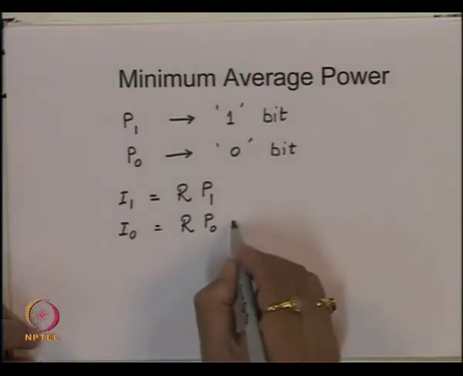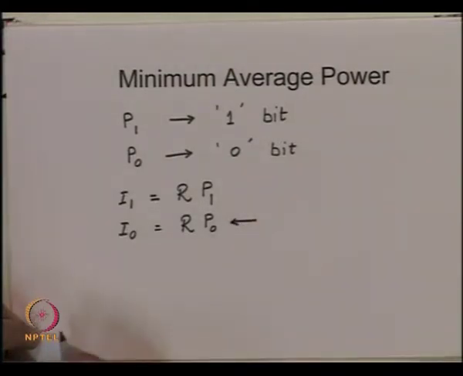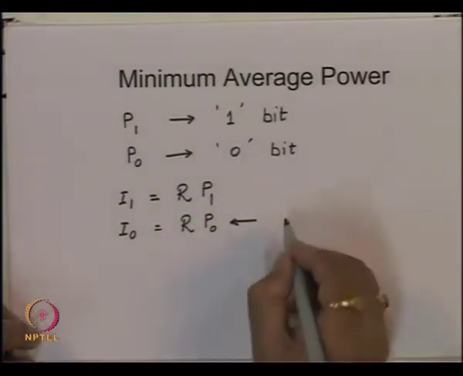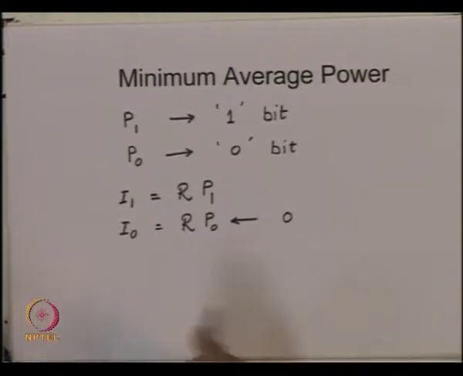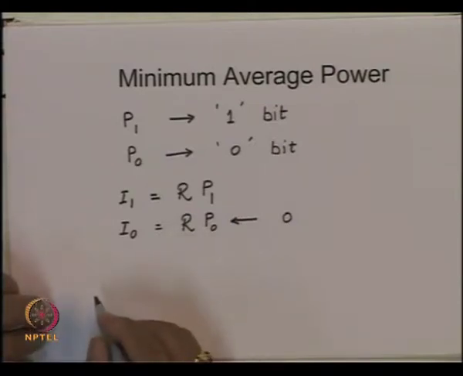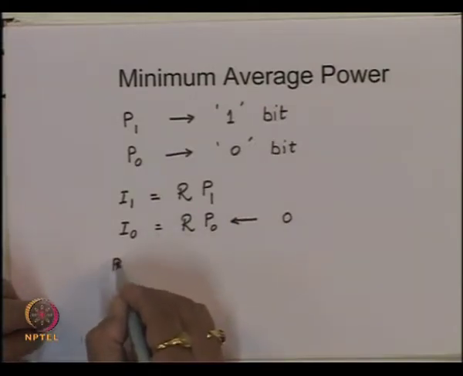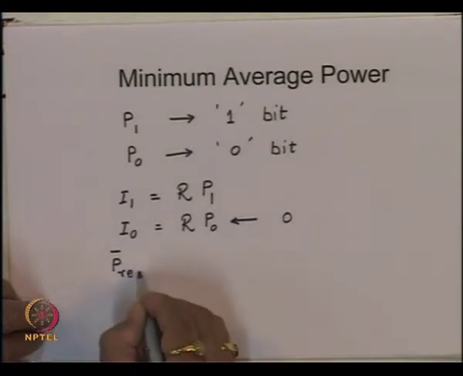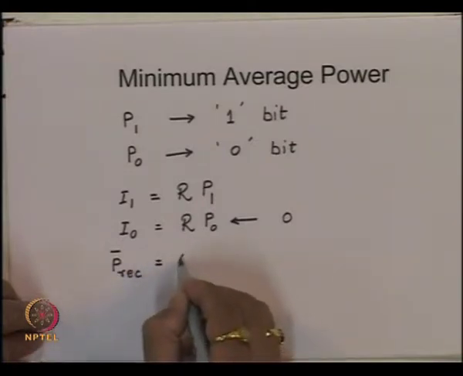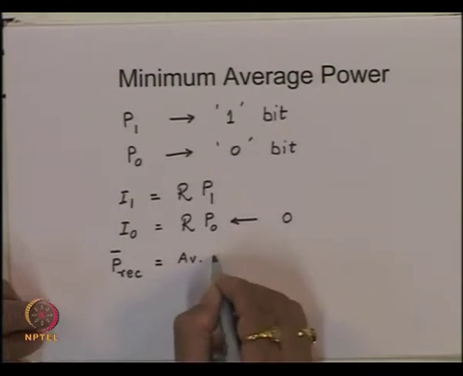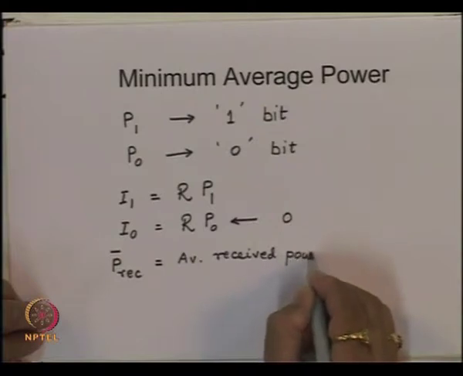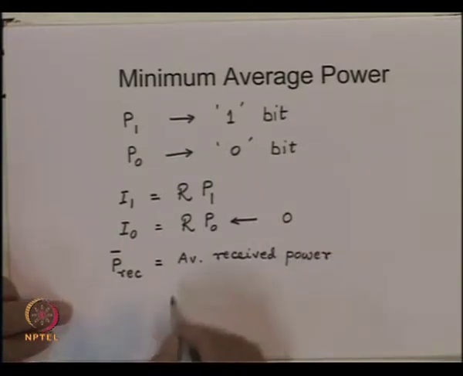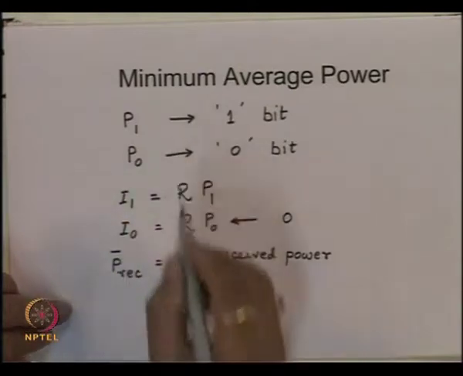And for an ideal receiver, since no power is received during the 0 bit, this quantity is 0. Then one can define the average received power which your power meter measures, which we can call P bar received. This is the average received power, which is the mean value of the two powers which you are receiving.